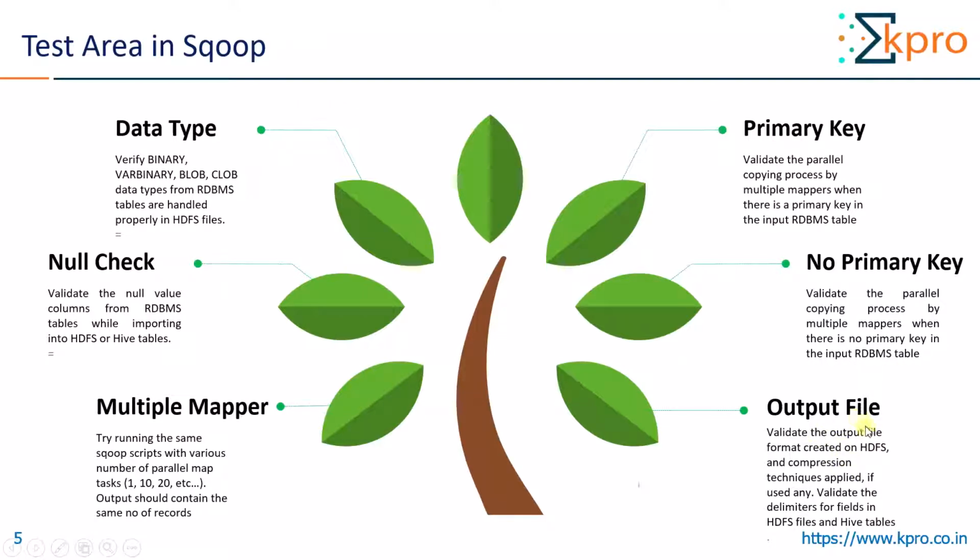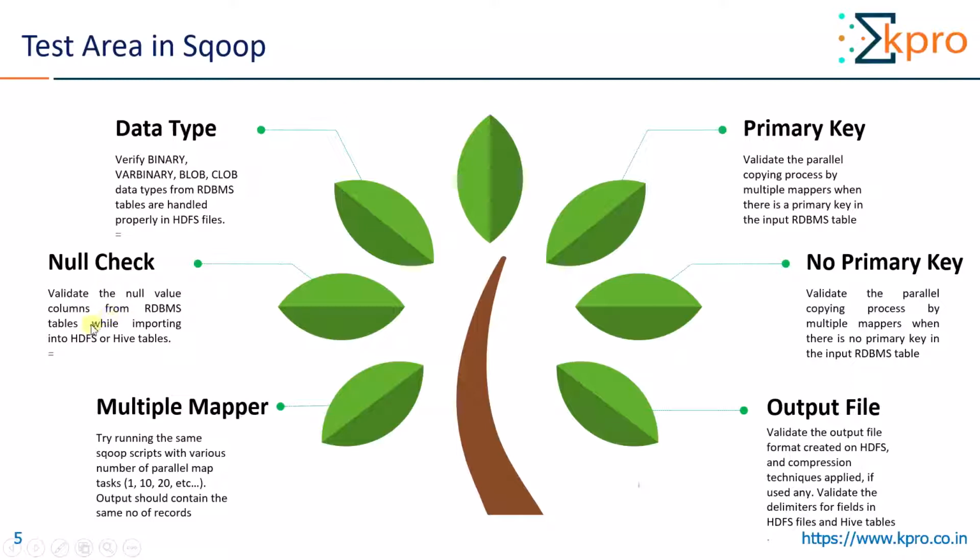The output files which are created in the HDFS location need to be verified for the proper delimiter or any corruption of data. While importing, we need to check the data with multiple mappers to make sure everything is fine with the variation of mapper jobs.